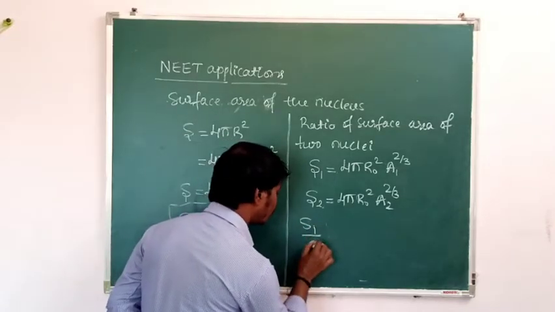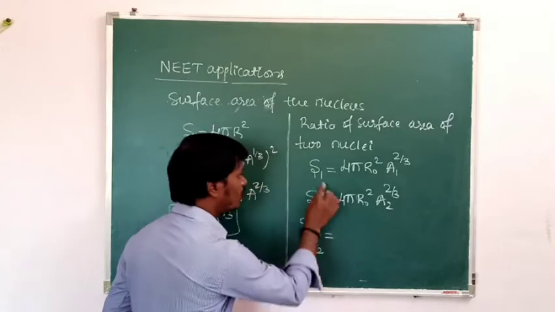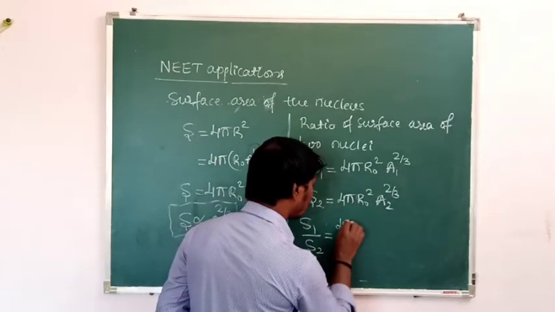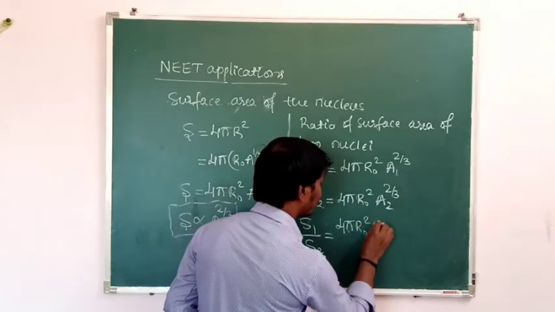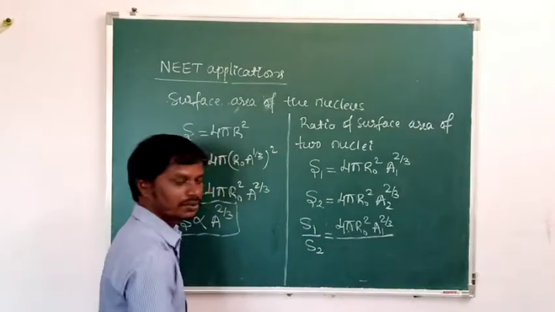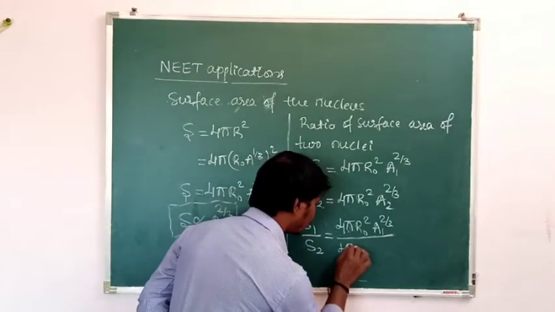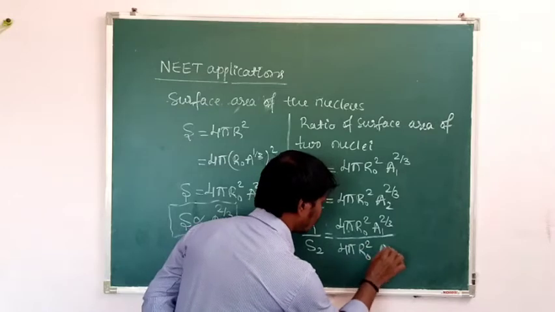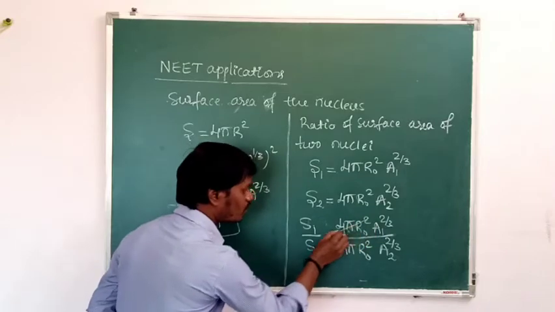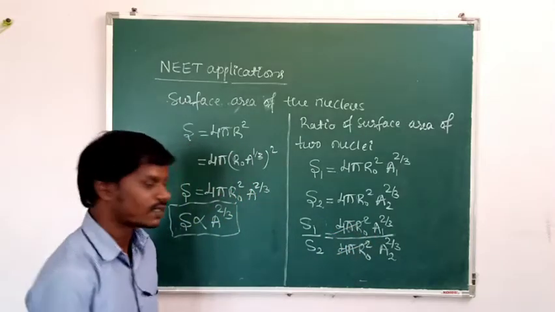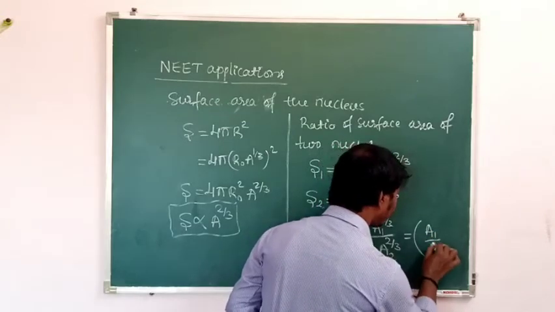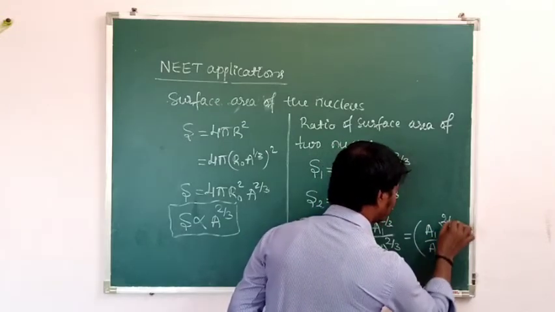S1 by S2 is equal to 4 pi r0 square into A1 raised to 2 by 3, whole divided by 4 pi r0 square into A2 raised to 2 by 3. So what gets cancelled here? 4 pi r0 square gets cancelled. Then what we got? That is A1 by A2 raised to 2 by 3.